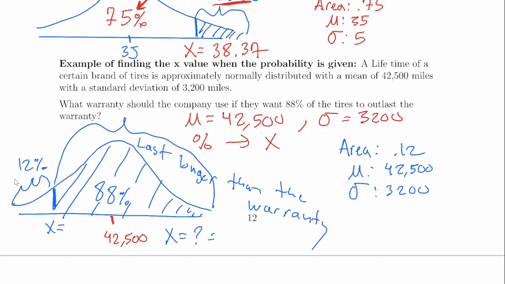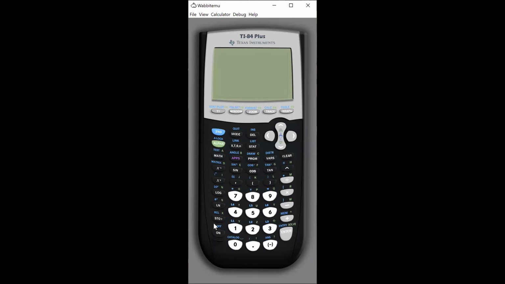Right, so I'm going to go ahead and put that into my calculator. So I'm going to transition over to my calculator. So I'll turn it on. So we'll say second, vars, inverse norm, area will be 0.12.